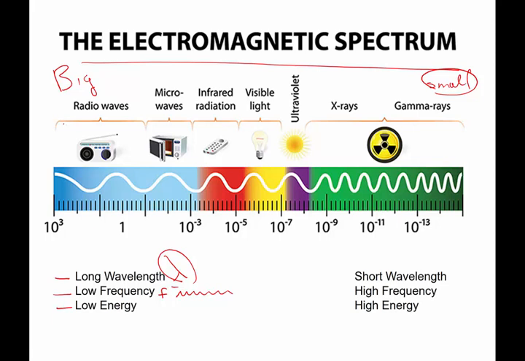The radio waves on one end of the electromagnetic spectrum have very, very long wavelengths. They oscillate with a very low frequency, and hence they have a low quantity of energy. You need to remember that the three L's go together: long wavelength, low energy, low frequency. And that is the radio waves.